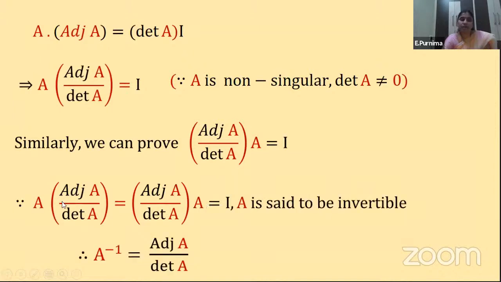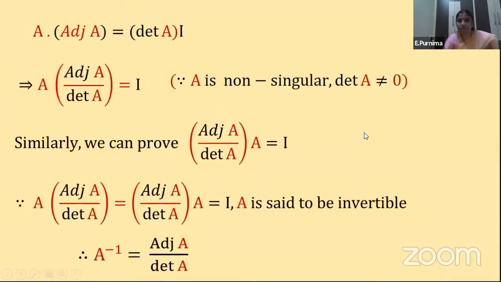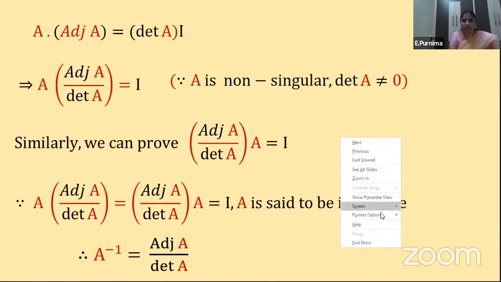So therefore, if you consider this adj by det A as some B, I will explain here. This is only for explanation, children. Suppose B is equal to adj by det A, if I assume.